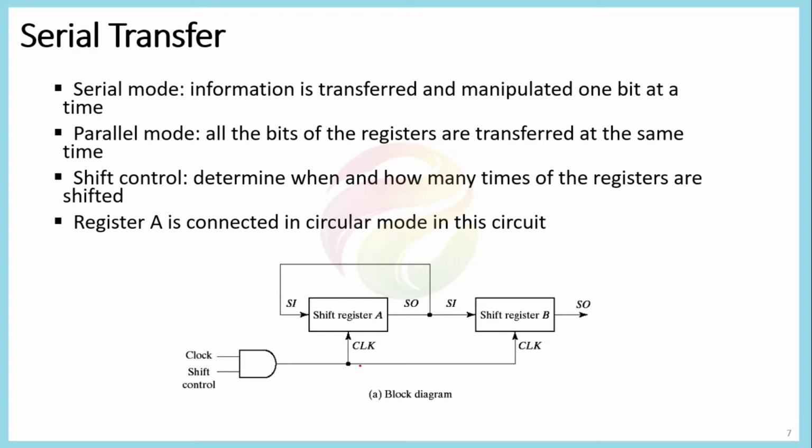What we want to do is transfer the data of shift register A towards shift register B. Simply, but we have gated the clock here. Whenever the shift operation goes to 1 and we have a positive edge here, only then does this clock signal affect this shift register, otherwise it will not. So in normal operating condition, we can just set it to 0 so that there is no shifting process.